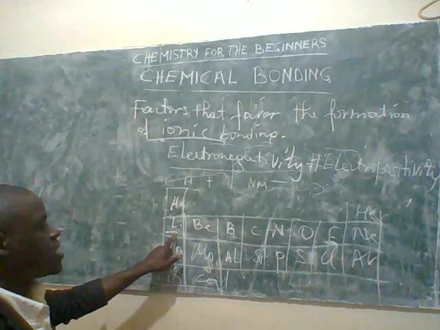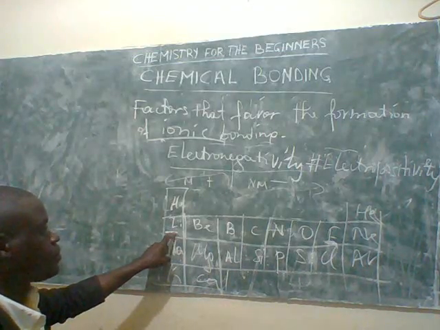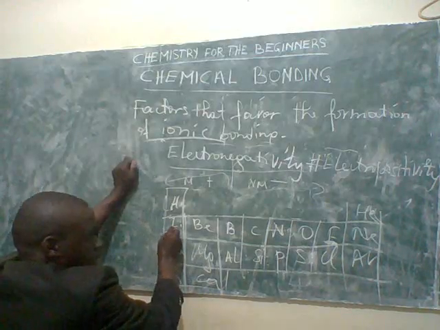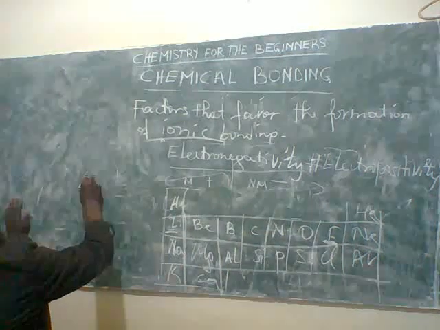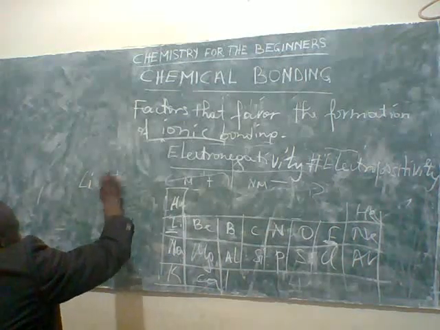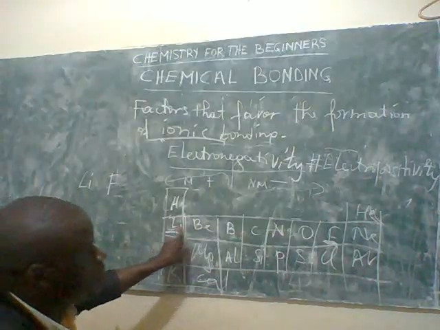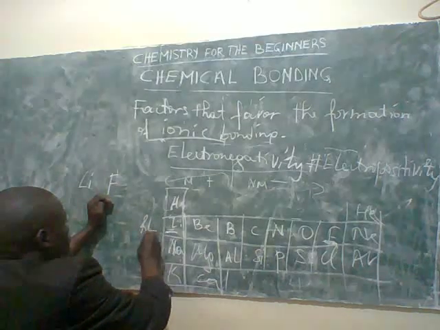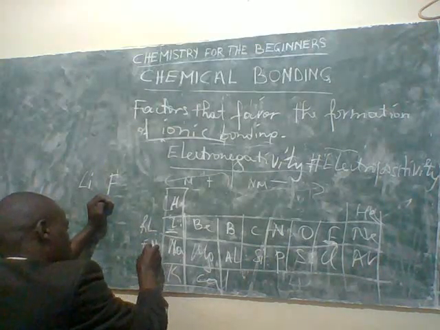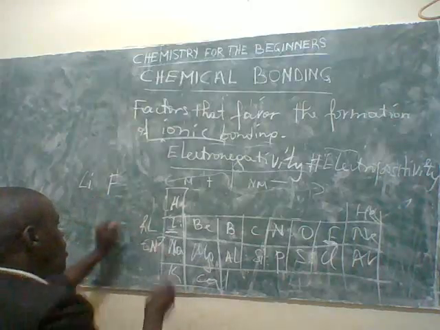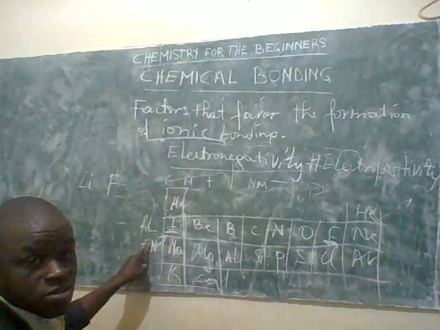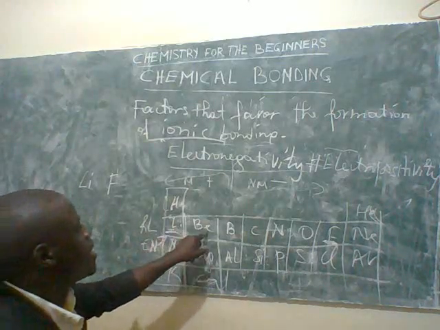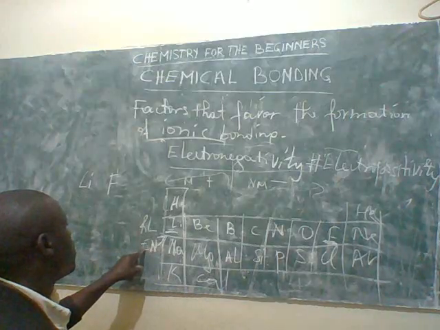fluoride. If we say that lithium and fluoride, we are going to combine them together. Moving across the period, electronegativity increases, which means in terms of electronegativity, lithium is less than this.